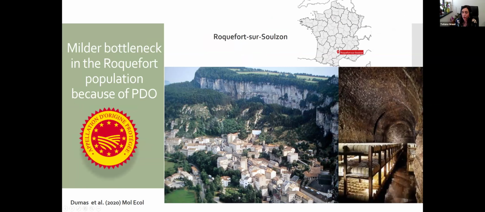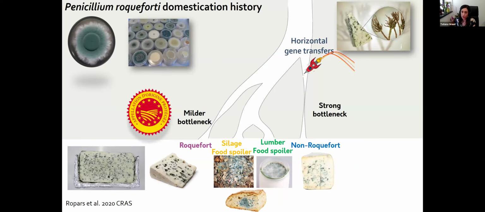Roquefort is a small town in the south of France where this PDO occurs, and we have to use for the PDO the local strain of Penicillium roqueforti. So the history of the domestication was like there would have been 2 independent domestications and a more recent one, with very strong selection with a unique strain for all the non-Roquefort cheeses, and a Roquefort population with a bit more diversity.